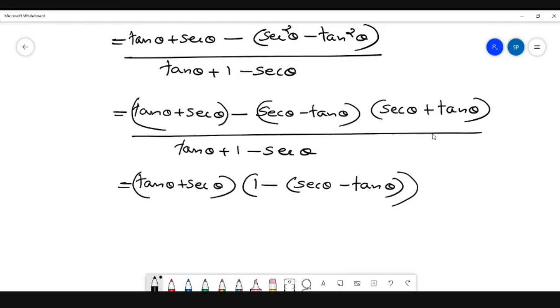Don't forget to put a bracket here because this bracket is preceded with the minus sign. So don't forget to put the bracket. If you don't put the bracket, it will go wrong. Whole divided by tan theta plus 1 minus sec theta.